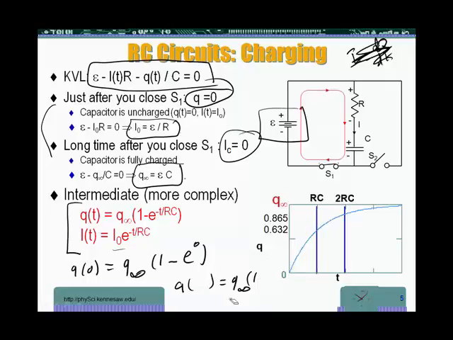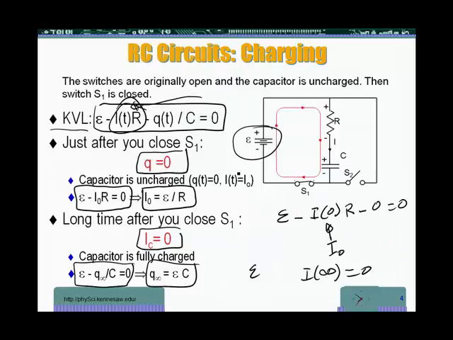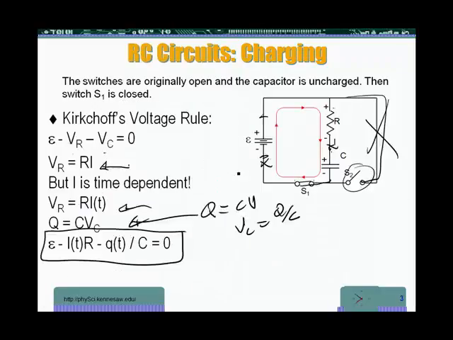Now the other thing I would like you to pay attention to is the value of the voltage across the capacitor. What's the voltage across the capacitor? Vc of t is equal, remember for a capacitor, like what we said in the previous screen, Q is equal to CV.